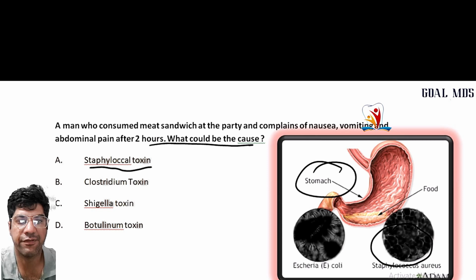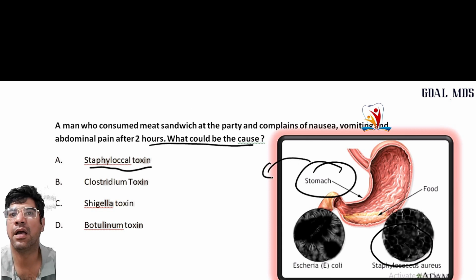Nausea, vomiting and abdominal pain within a short time frame, within 2 hours after consumption of meat, is suggestive of staphylococcus infection. It occurs when food is handled and stored improperly, which allows Staphylococcus aureus bacteria to produce toxin that can cause gastric symptoms.